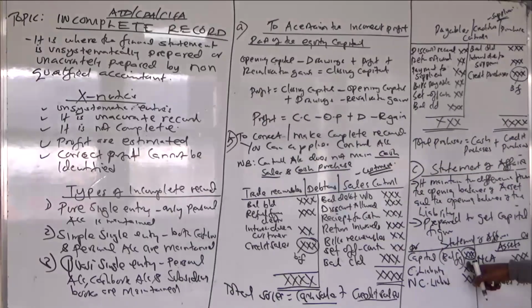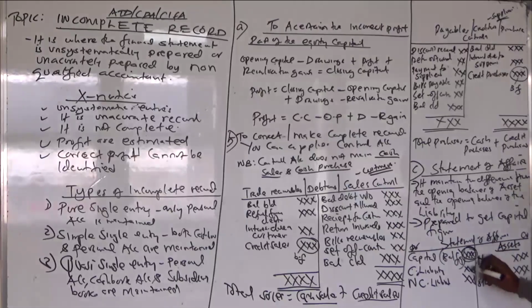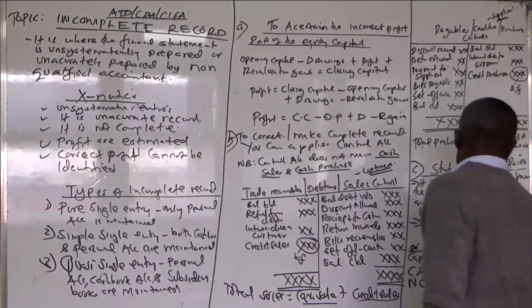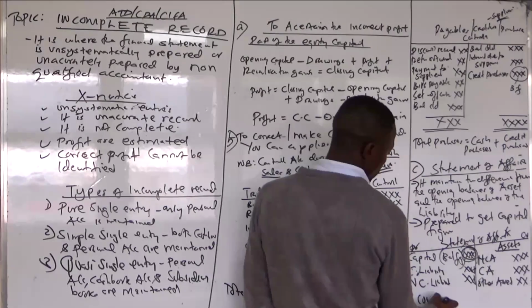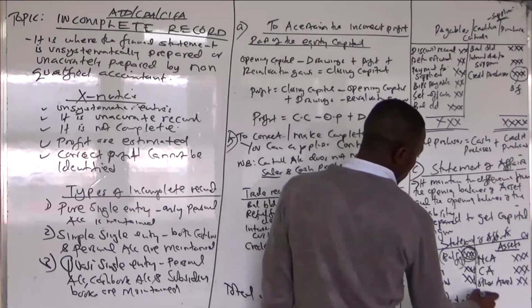You may be asked for the capital, where they put a question mark, for those students doing ATD. So you must know you will be preparing a statement of affairs. This capital is sometimes called the consolidated fund.